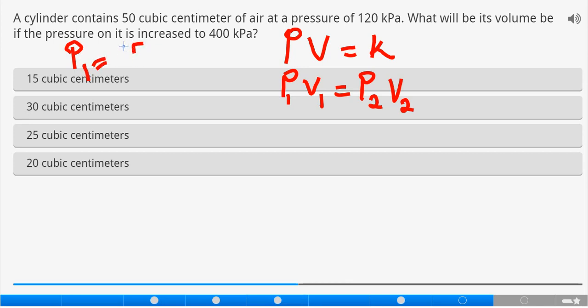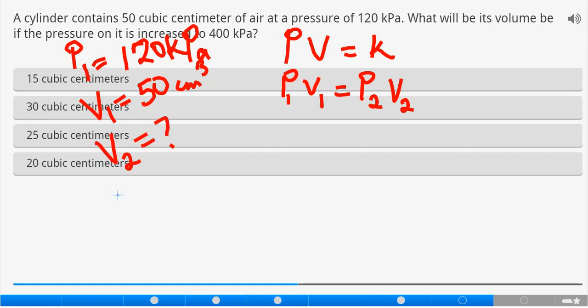Now, if you look at the question closely, P1 is equal to 120 kilopascal because pressure is measured in pascal. V1 is equal to 50 cubic centimeter. Then we have to look for volume, that is V2, but we don't know. Yes, what we don't know is V2, but we know P2 to be what? 400 kilopascal.